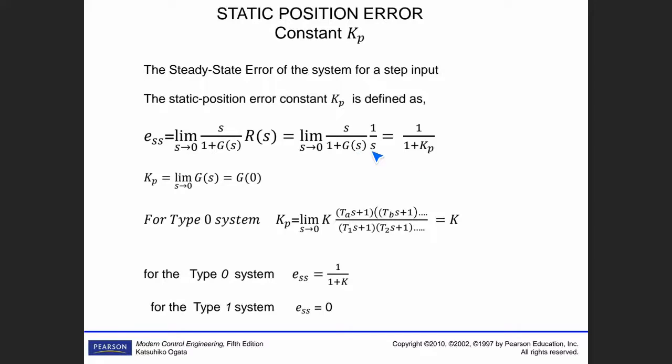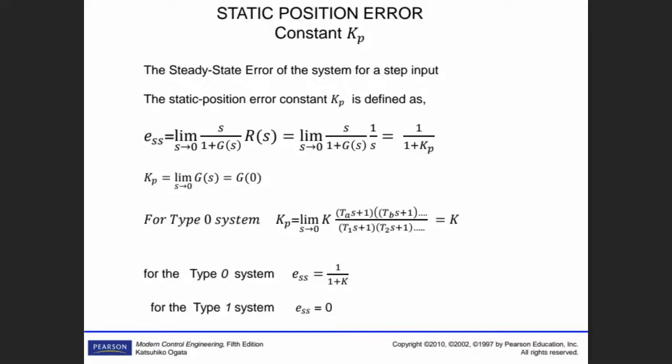Then the definition is this: Kp is equal to the limit as s goes to 0 of G(s). That, for example, for a type 0 system, it is K. For type 1 system, its error becomes 0. I believe you can easily do that without those rules.